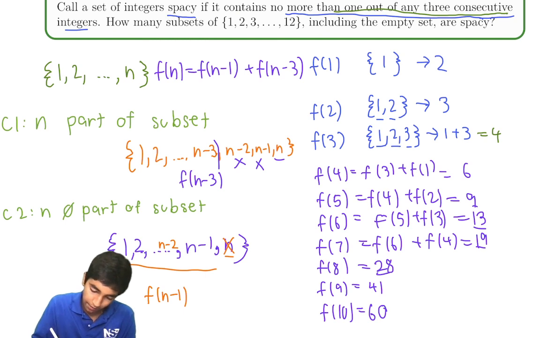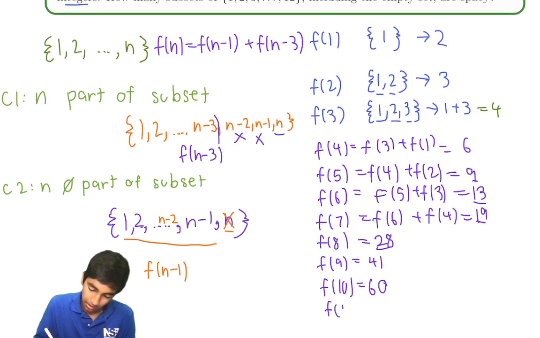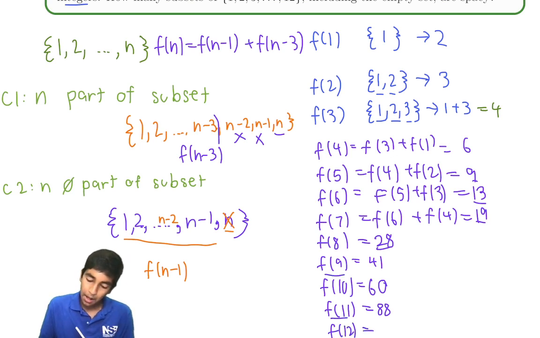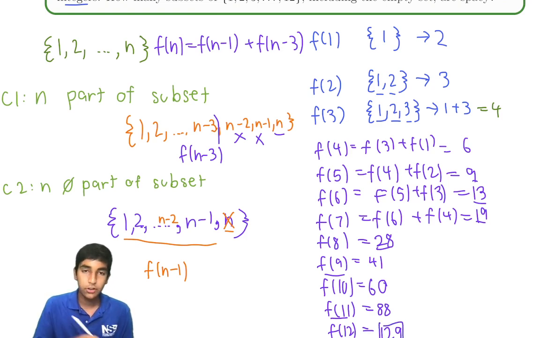And finally, f of 11 equals f of 10 plus f of 8, 88. And now, finally, f of 12 equals f of 11 plus f of 9, 88 plus 41, 129. And that is the final answer. 129.